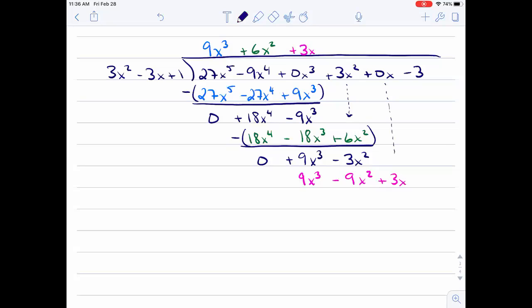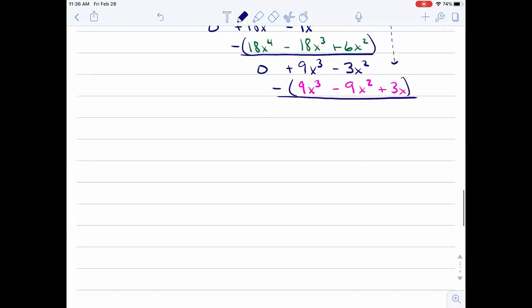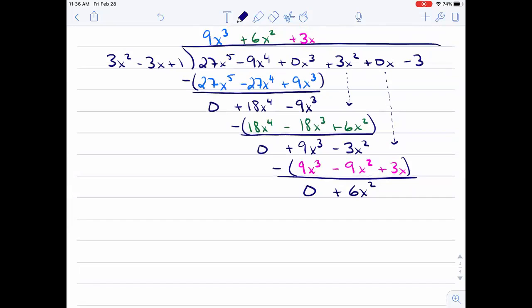Bring this 0x down. Oh, 9x to the 3 minus 9x to the 3 is 0. Negative 3 plus 9 plus 6x squared. 0 minus 3 minus 3x.